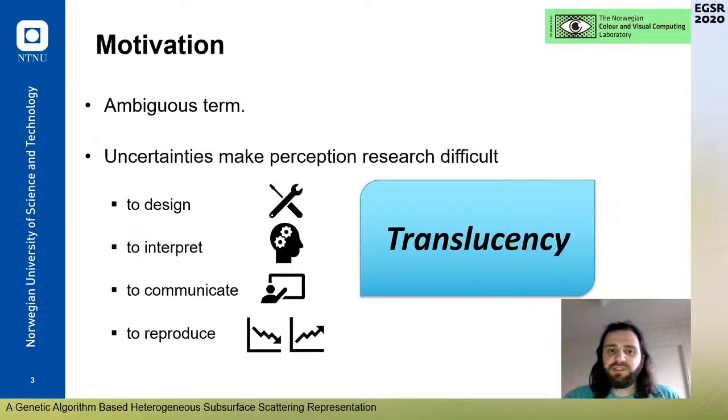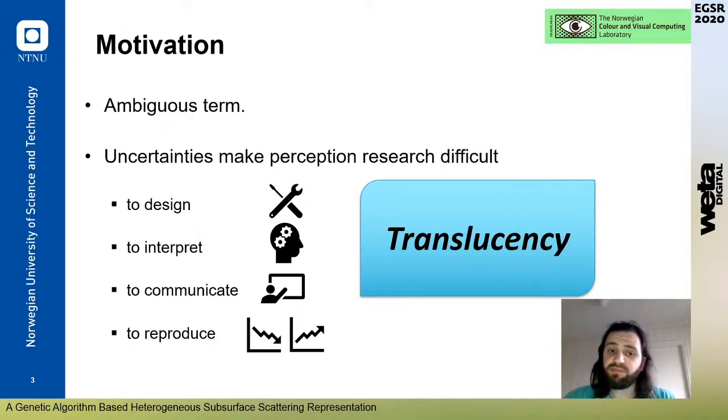Let's start with the motivation. Translucency is an ambiguous term. If you ask a random person what translucency means, you might get an odd look. And even among the experts of the field, there is no single agreed definition of translucency. These uncertainties make perception research difficult. It is difficult to design the experiments because if we do not know what translucency exactly is and how our subjects would interpret it, then how should we ask the question?